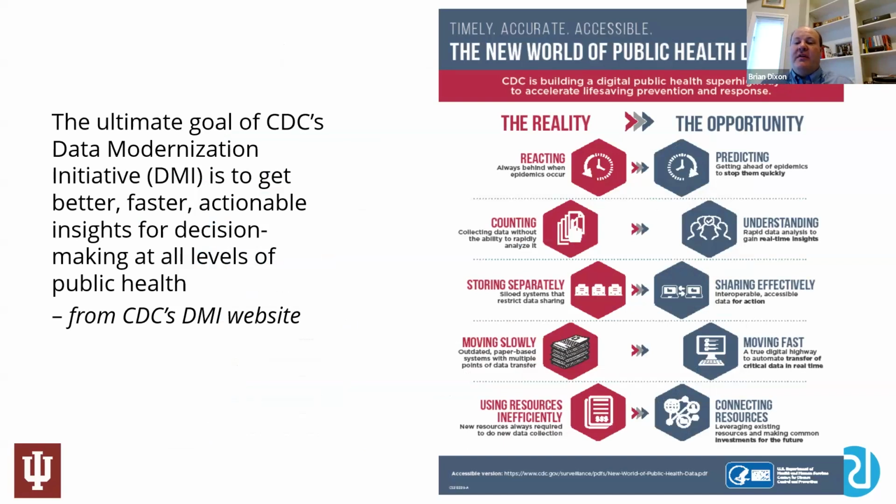And so really the kinds of systems, the kind of approaches, algorithms that we want to develop are designed to take us from being a reactive public health system to a proactive or predictive public health system, taking us from simply counting cases of disease and analyzing that in the rear, like years after it's happened, to understanding what's happening in the community right now, so that we can respond to it.